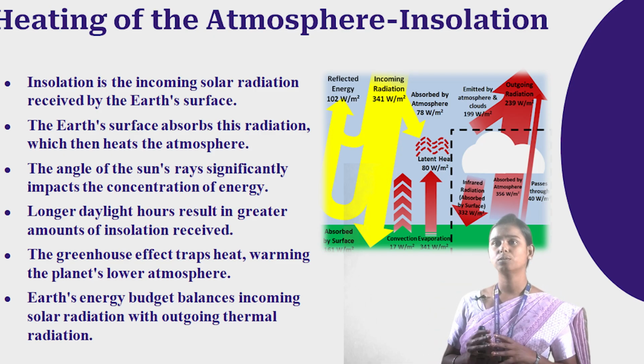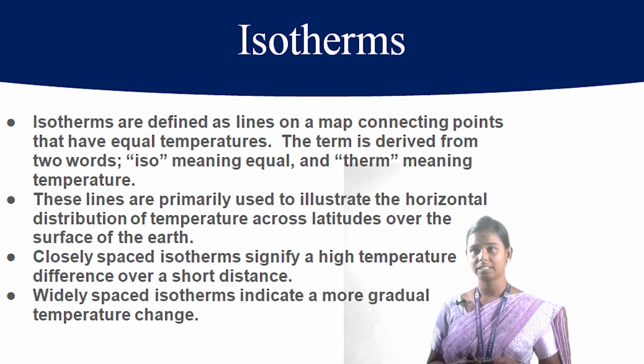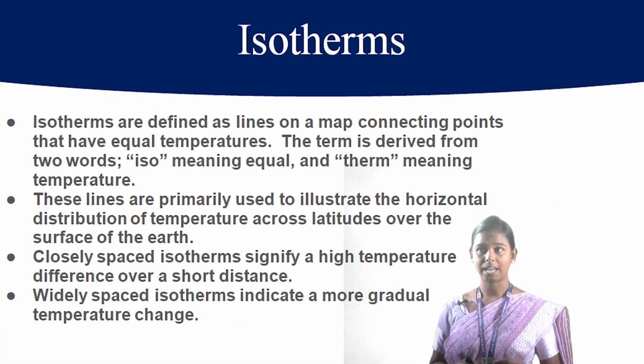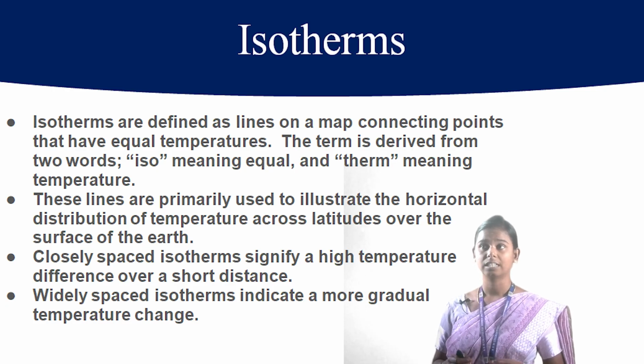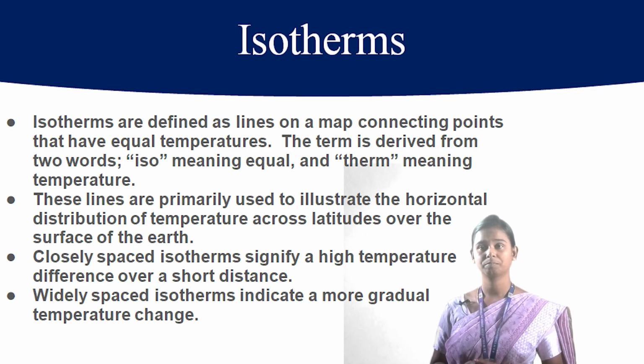Okay, isotherms. Isotherms are defined as lines on a map connecting points that have equal temperatures. The term is derived from two words, iso and therm. Okay, iso means equal and therm means temperature.